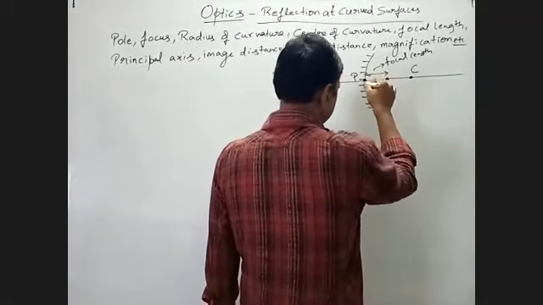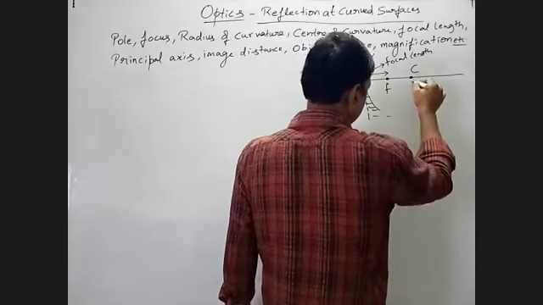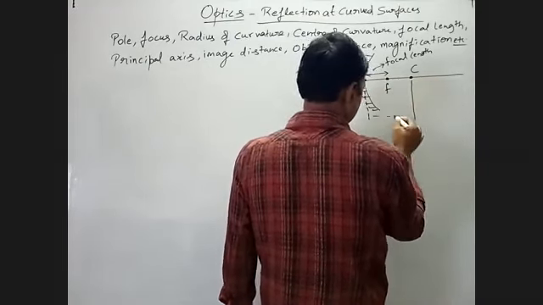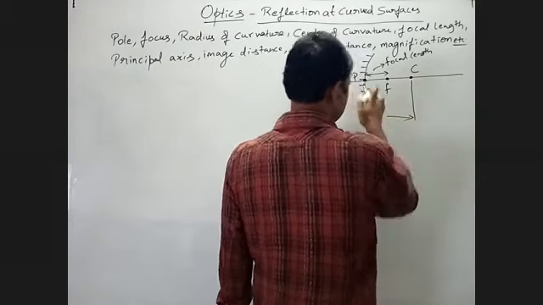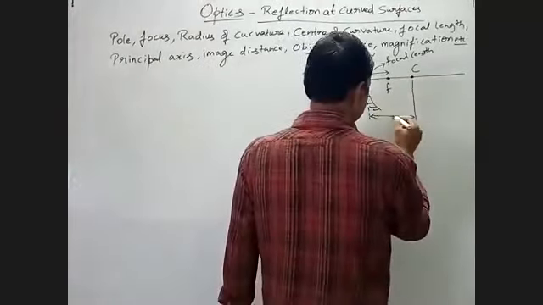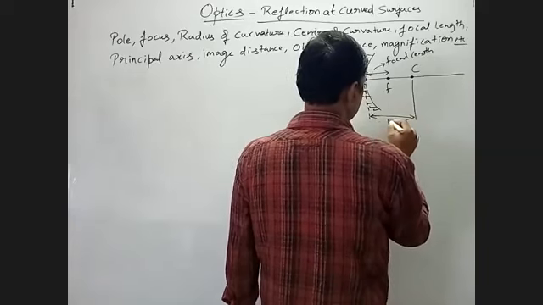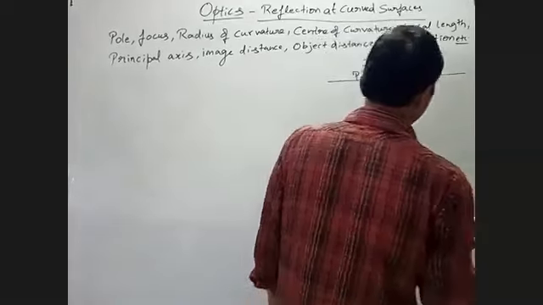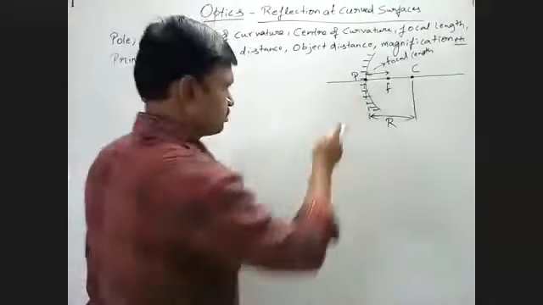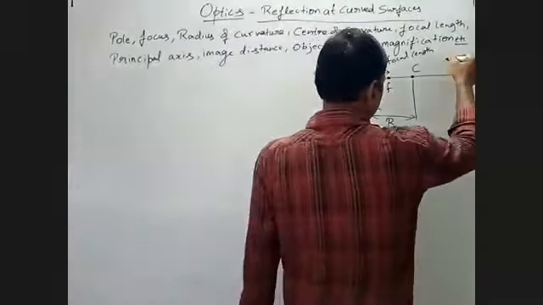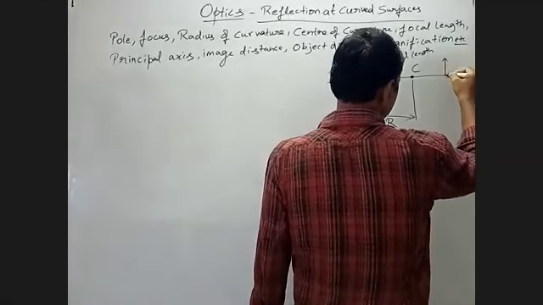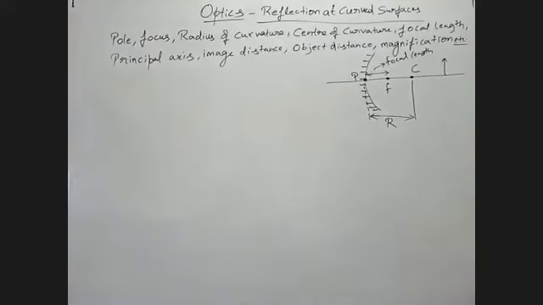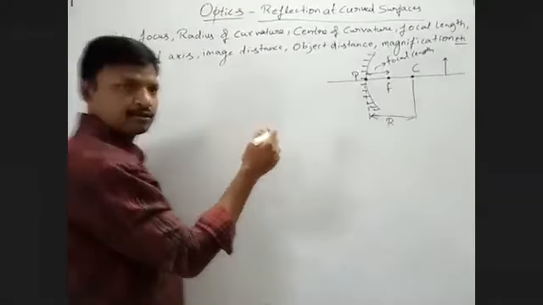From the pole to the center of curvature, R is nothing but the radius of curvature. Then suppose you are keeping an object here.